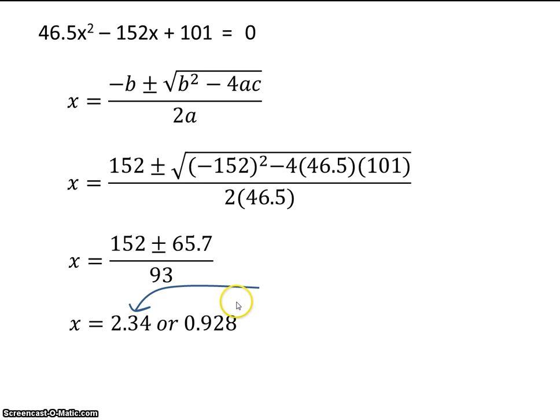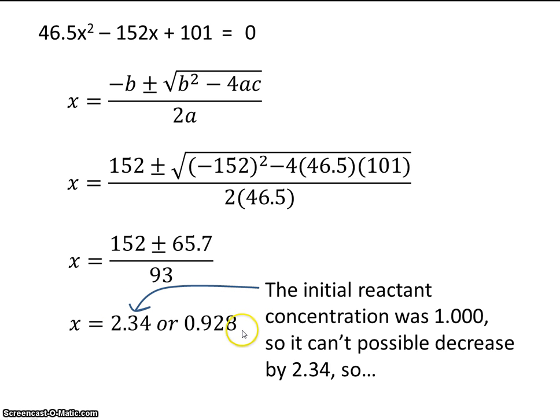So the only possible value for x is 0.928. I got this from the initial problem because I said the concentration was 1. So if the concentration was 1 and x tells us how much the concentration decreases by, it's not possible to decrease by 2 if we're only starting with 1. That's why this number was the only possible value.